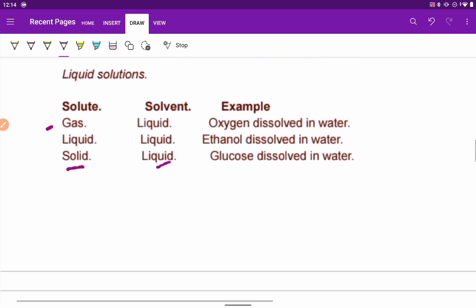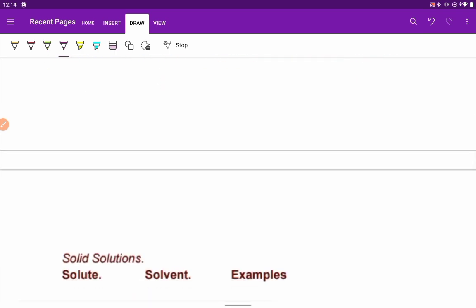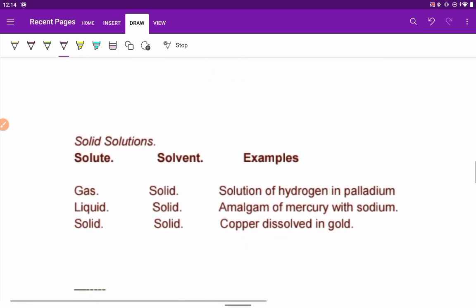Next we see solid solutions. In solid solutions, the solvent remains solid in all the three cases. The solute may be gas or liquid or solid. So first we see the situation where the solute is a gas and the solvent is a solid, as we see in case of solution of hydrogen in palladium.